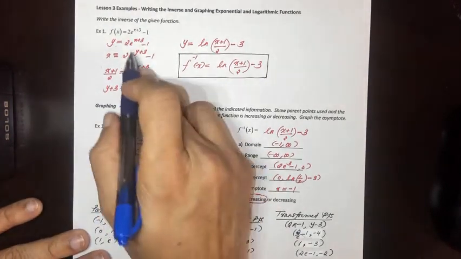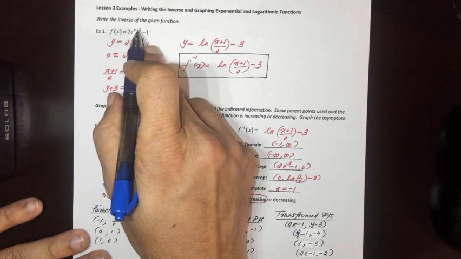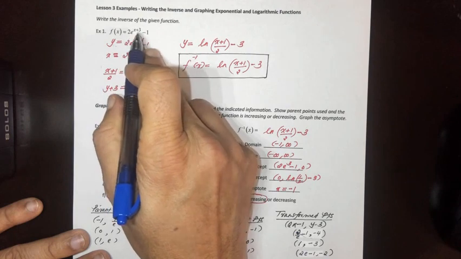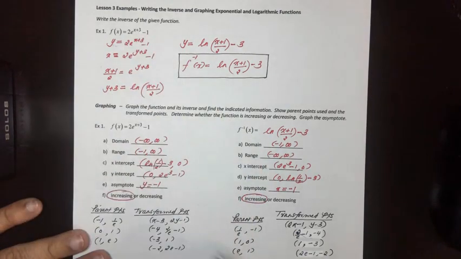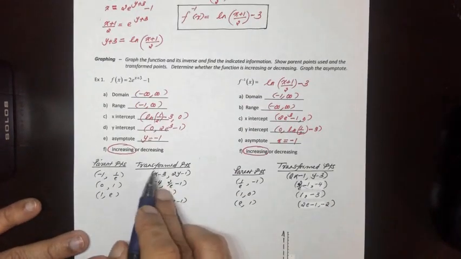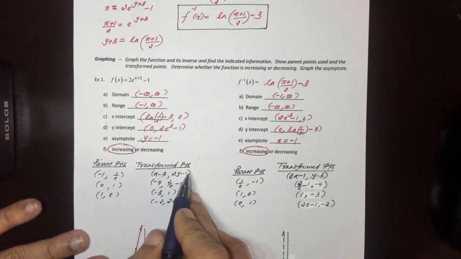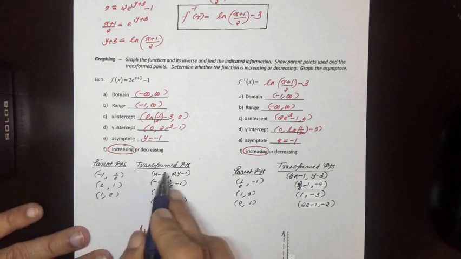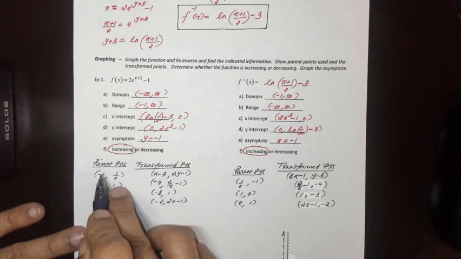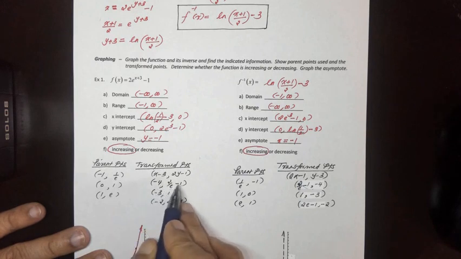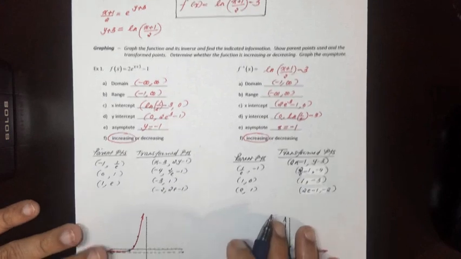The a is 2, b is 1, and c is negative 3, and d is negative 1. Apply those, and the transformation rule is going to be x minus 3 and 2y minus 1. So apply those transformations to these parent points. You get negative 4, 2 over e minus 1, negative 3, 1, and negative 2, 2e minus 1.